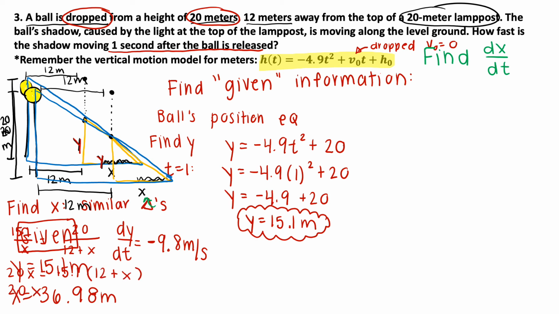So 20x equals 15.1 times 12, which is just 181.2, plus 15.1x. I'm going to bring this up here for a second. Subtracting that 15.1x from 20x, we get 4.9x equals 181.2.